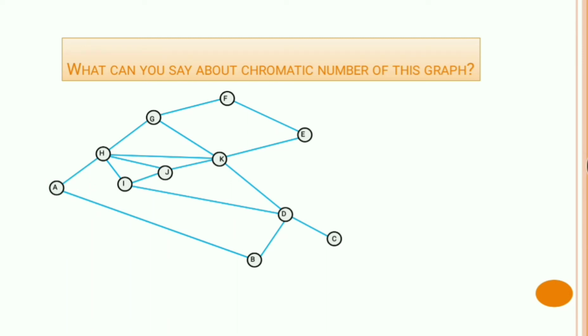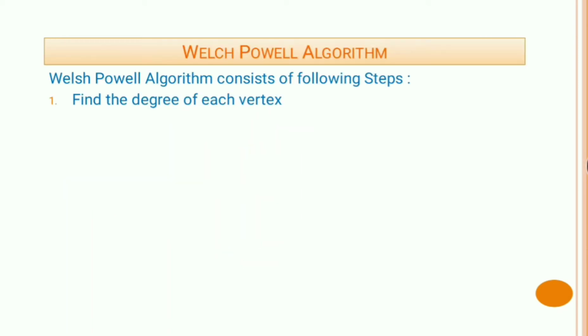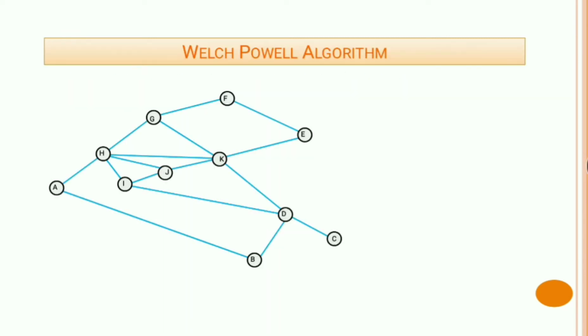So there is an algorithm to make things faster and correct. There is an algorithm to color this kind of complicated graph, and that algorithm is called the Welsh-Powell algorithm. So we'll follow this algorithm to color this kind of graph.